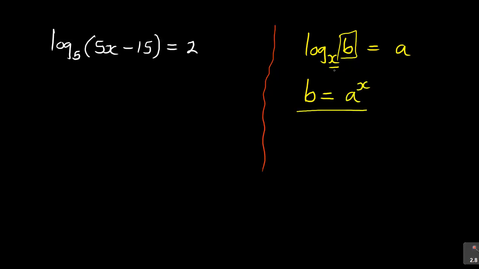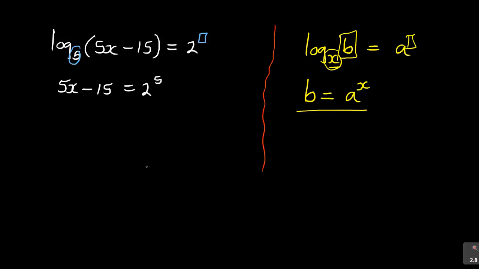So you see the base here, it becomes the exponent there. Similarly, that's what I'm going to use here. This particular 5 will go there, and then what I'll be having is 5x minus 15 is equal to 2 to the power of 5.